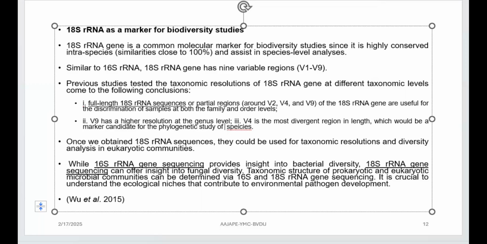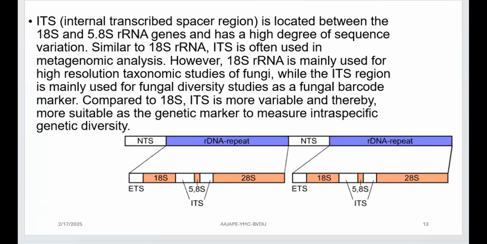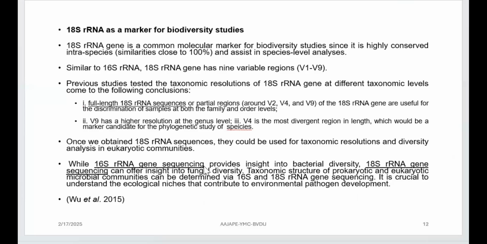Let's see how these variable regions look and what they are called. ITS are internal transcribed spacer regions. They are located between the 18S and 5.8S rRNA genes and have a high degree of sequence variation. Similar to 18S rRNA, ITS is often used in metagenomic analysis. Here you have the 18S rRNA sequence, which is parallel to 16S in prokaryotes, and you have variable regions V1, V2, V4, till V9.